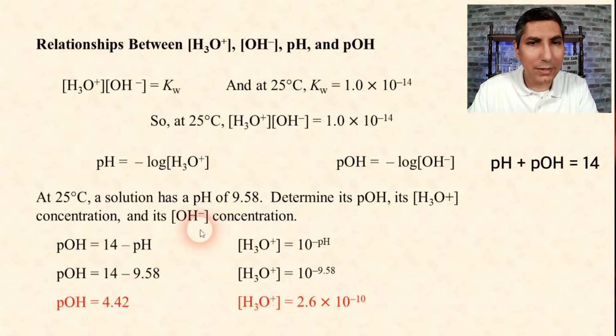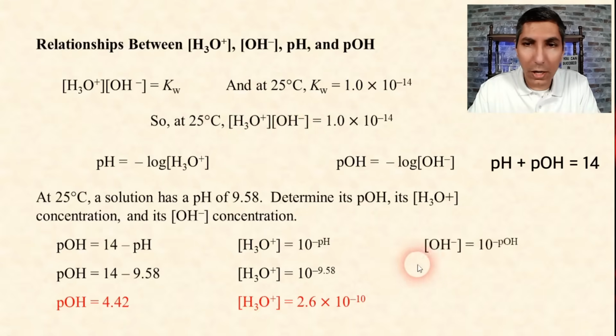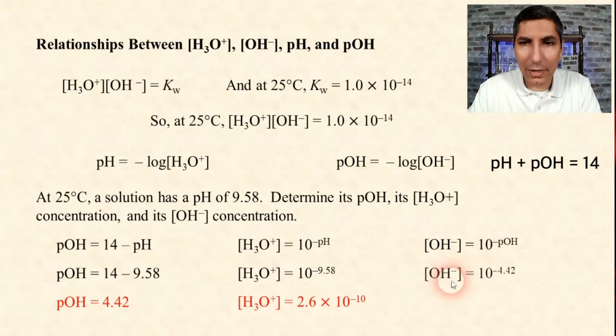And if you want to find the hydroxide concentration, there are a couple different ways to do that. We could use this equation here: H3O+ times OH- equals Kw. Or we could also take hydroxide equals 10 to the negative pOH power. So hydroxide is 10 to the negative 4.42, which we got in the first part of this.